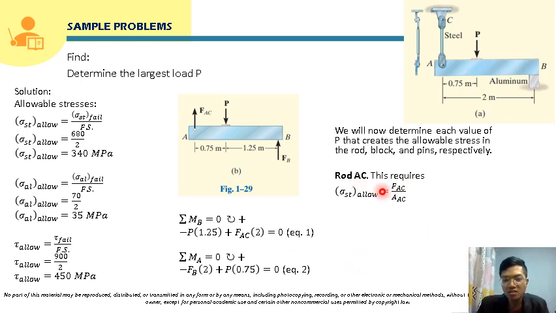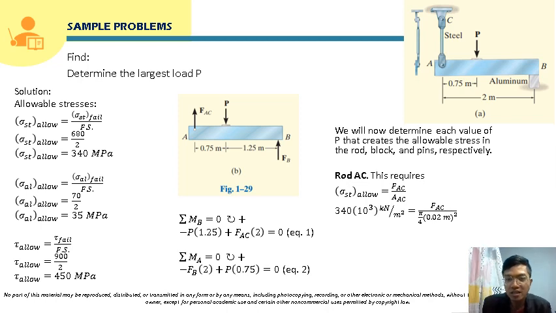The normal stress will be equal to the internal normal force over the cross section of the steel rod. So the computed allowable normal stress for steel is again 340 MPa. We will make it kilopascal. Kilopascal is kilonewton per meter squared, right?